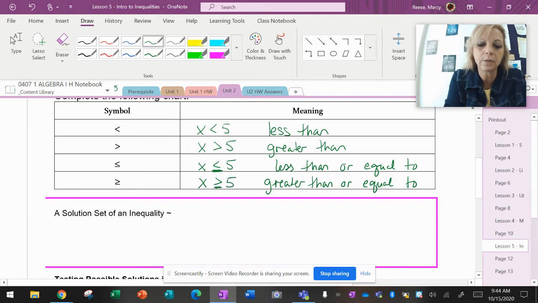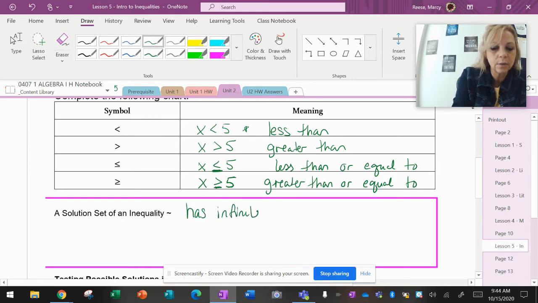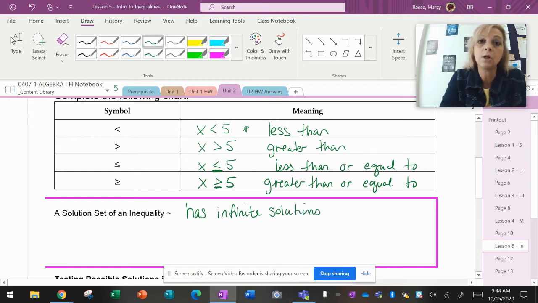Now, did you notice that I was giving you a lot of answers here? Going back to that first one, x is less than 5. It's not just one number, right? It can be 4, 3, 2, 1, 0. So a solution set for an inequality has infinite solutions. I actually just gave you the integers, right?